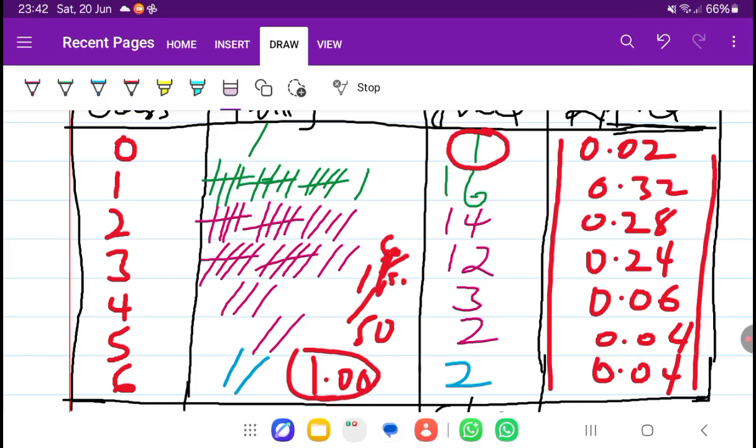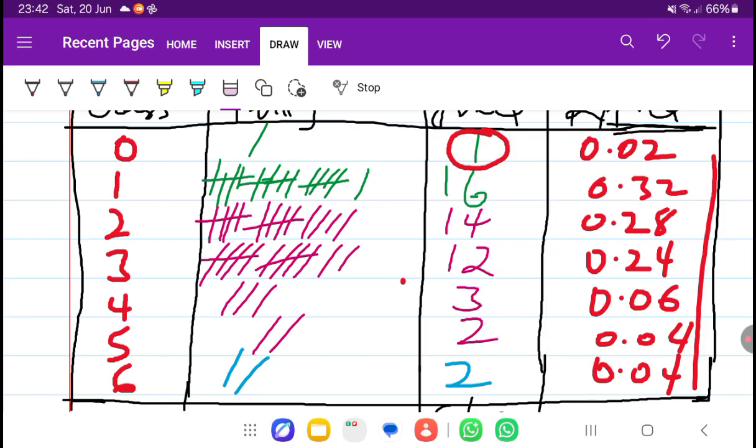That's why we are saying that the total has to be 1. So that's what they wanted us to do.